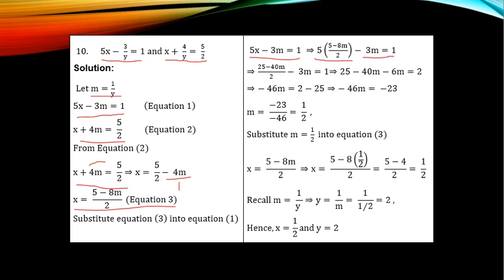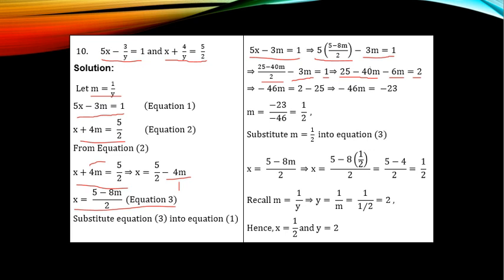Nothing is common to 5 and 2, so you have to open the bracket by multiplying the numerator by 5. So you have 25 minus 40m over 2 minus 3m equal to 1. To clear the fractions, multiply through by 2. If you multiply the first term by 2, you have 25 minus 40m. You multiply 3m by 2, you have 6m. Multiply 1 by 2, you have 2.